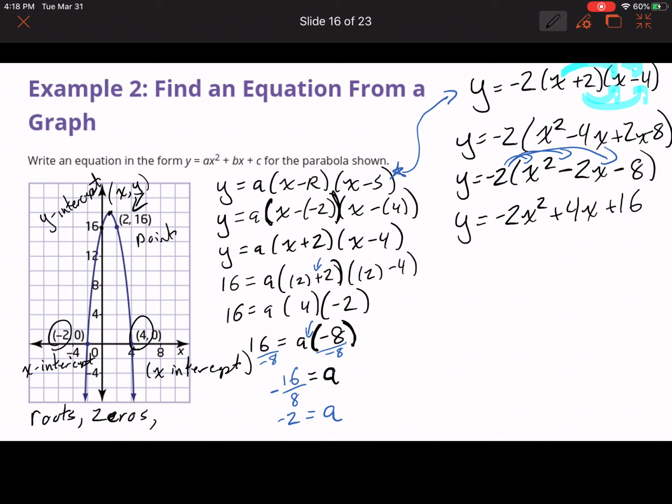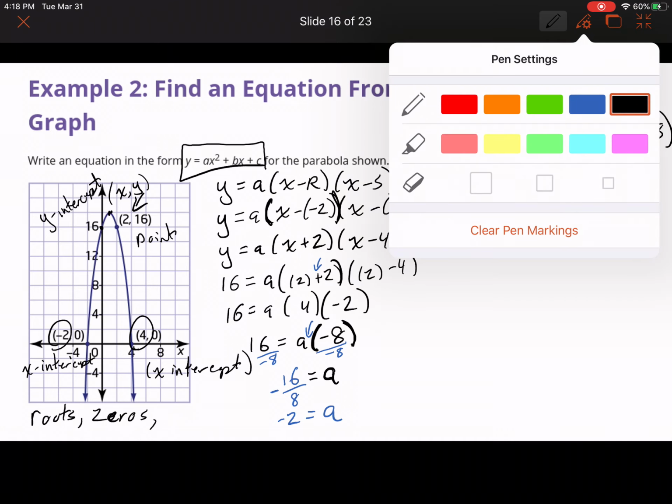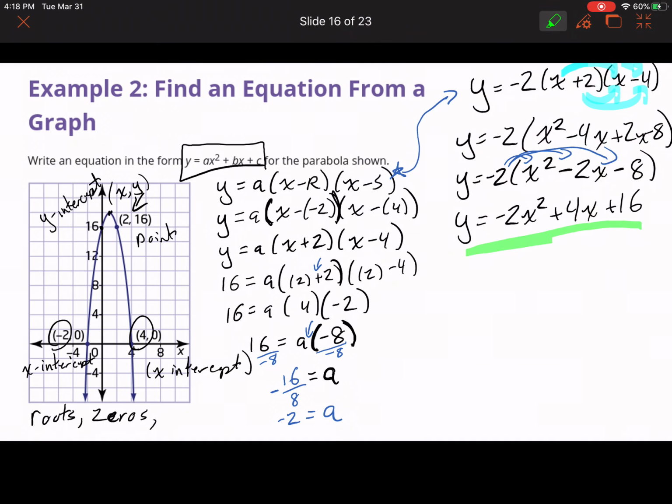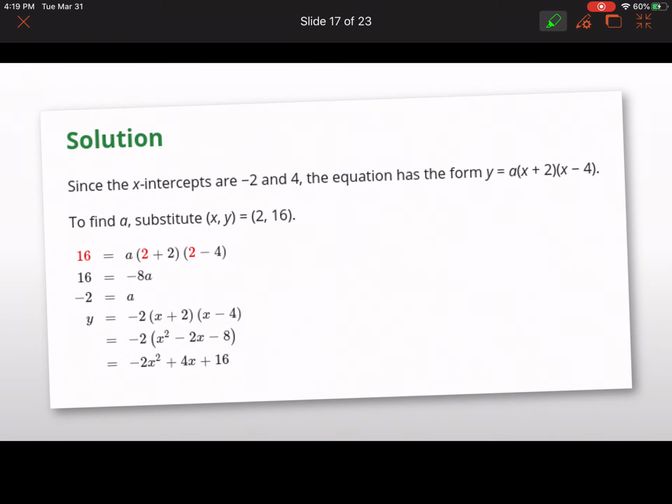So now I have, write an equation in the form y equals ax squared plus bx plus c for the parabola shown. This is my final equation. Put a box around that to show you that that is complete. And there's your solution, textbook style.